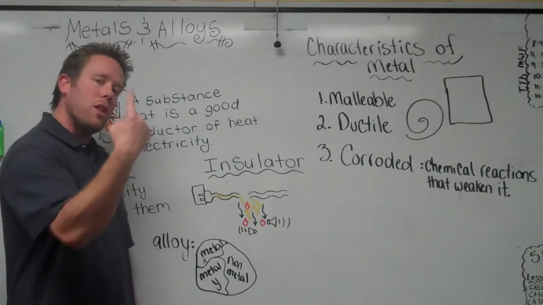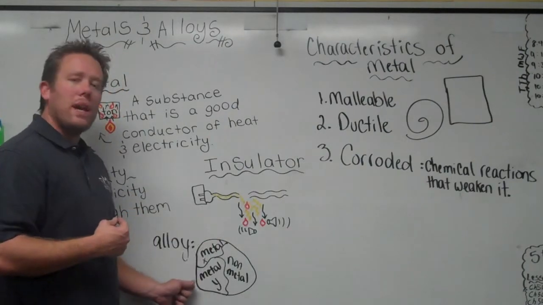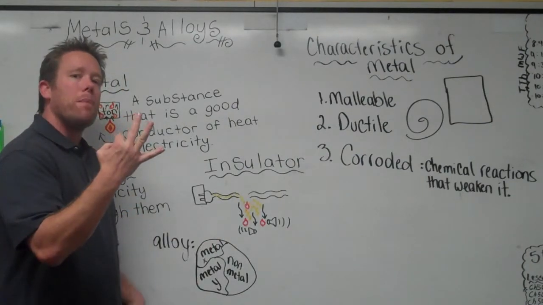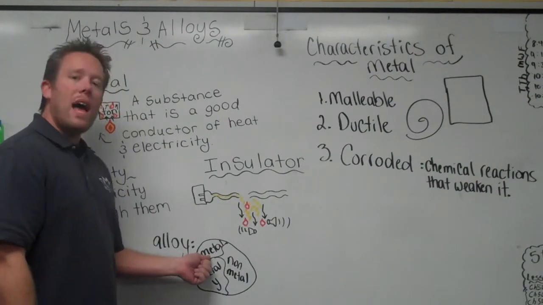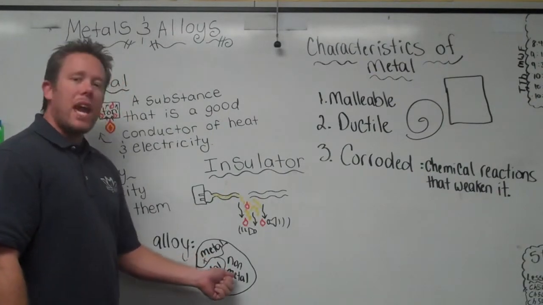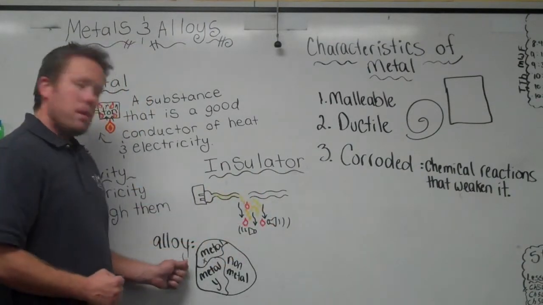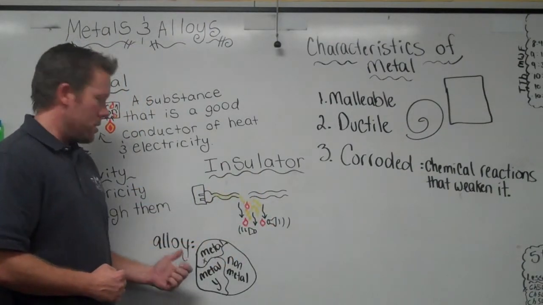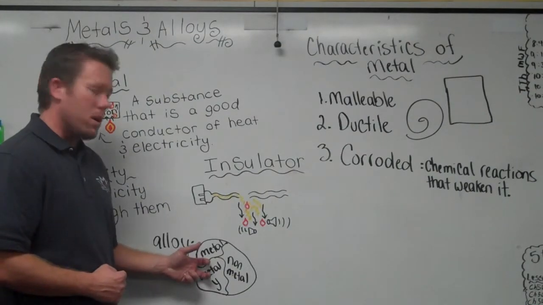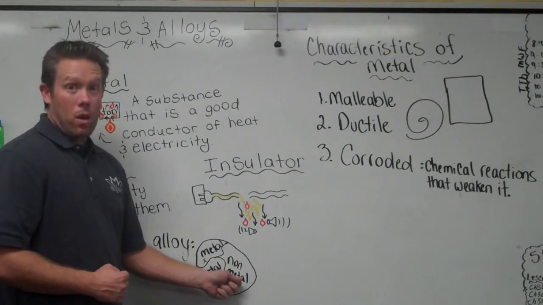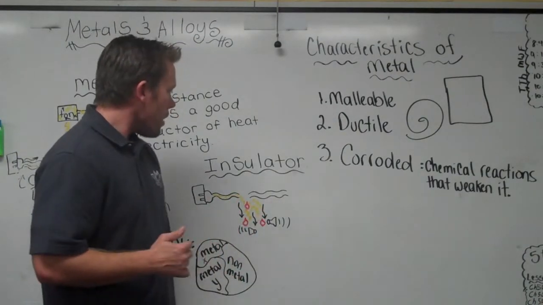A pure element is only made up of one kind of element. But an alloy is made up of three elements. So you have metal X and metal Y, and you have a non-metal all mixed together that makes up this rock here. So this is called an alloy. An alloy is made up of two different kinds of metals and a non-metal. Okay, so that's why it's called an alloy.